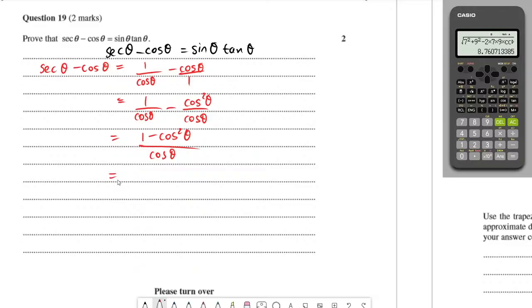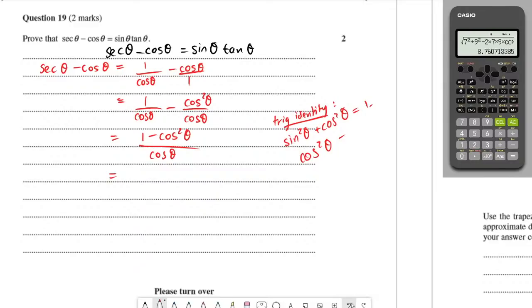Now, there's a really cool little trigonometric identity. So trig identity, alert. And it's actually going to be really useful. It says that sine squared plus cos squared is equal to 1.